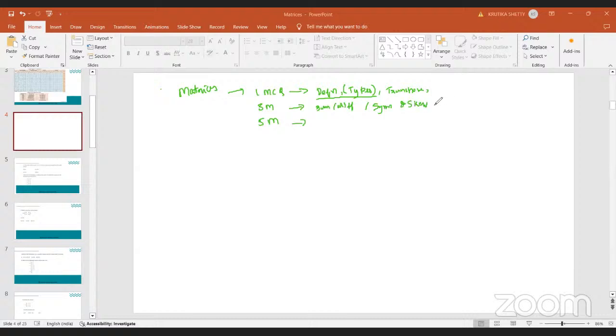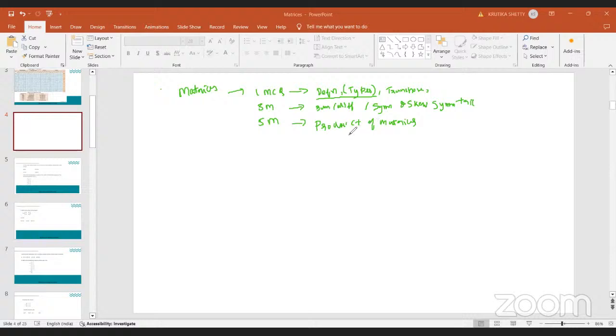And then the 5 mark question is fixed every year. It will occur on the product of matrices.